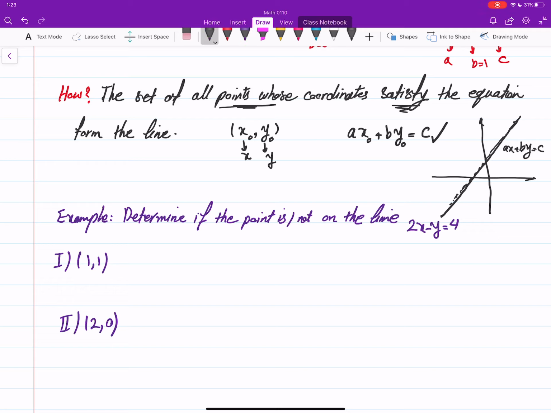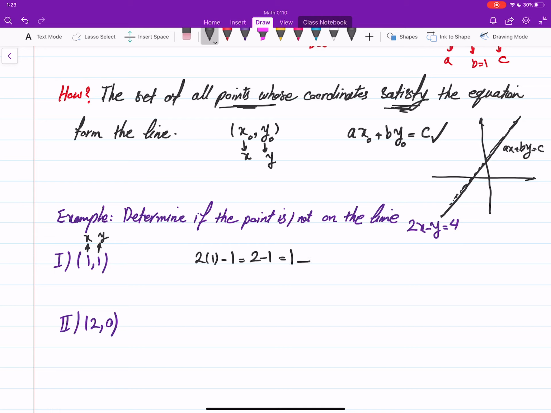To check if a point is on the line, we have to check if it satisfies the equation. That means plugging in 1 for x and 1 for y and seeing if the equation holds. So 2 times 1 minus 1 gives 2 minus 1, which is equal to 1.